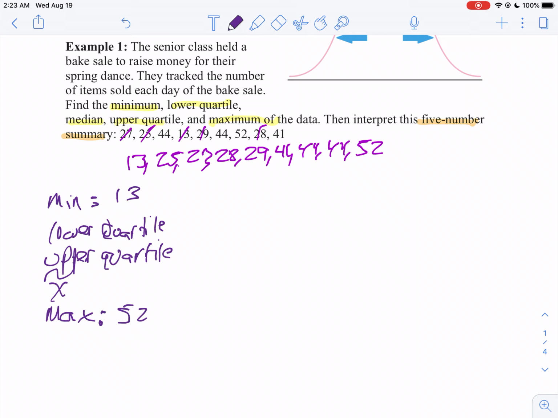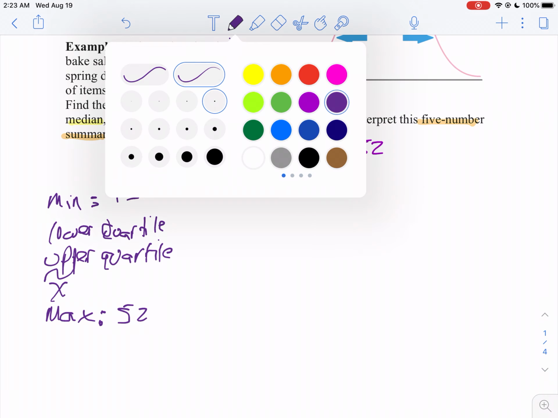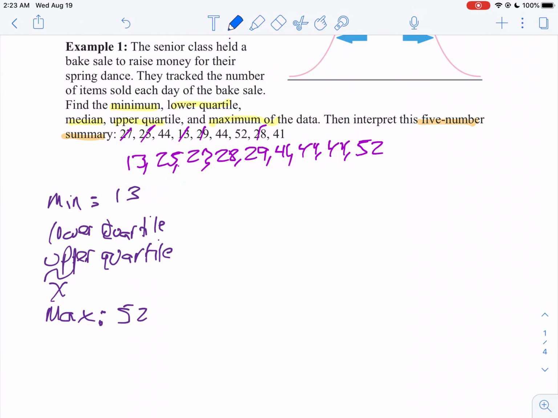Now, to find the position of the median, you count how many data points you have, you add 1, and you divide by 2. If your answer is a whole number, that's the position. If the answer is a decimal, like you get 0.5 because you divide by 2, then the answer is going to be the average between those two data points.